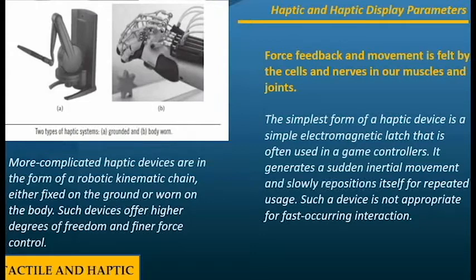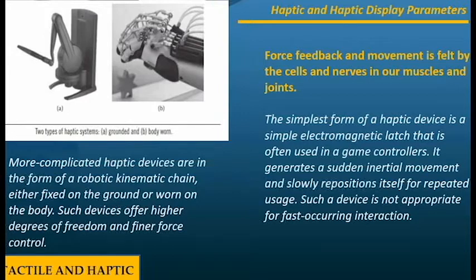And then we have haptic and haptic display parameters. Along with the tactile feedback, haptic feedback adds a more apparent physical dimension to interaction. So force feedback and movement is felt by the cells and nerves in our muscles and joints. The simplest form of a haptic device is a simple electromagnetic latch that is often used in game controllers.